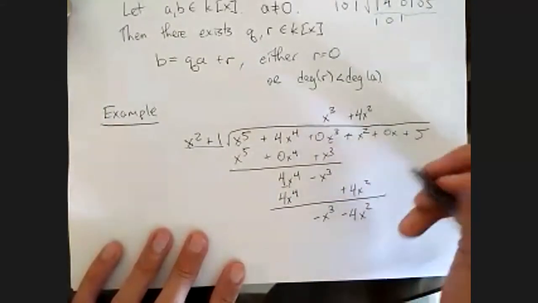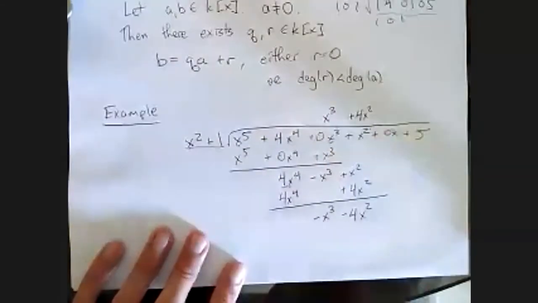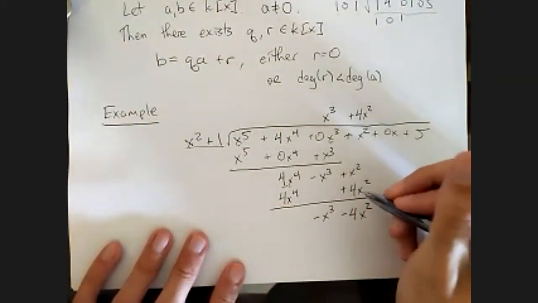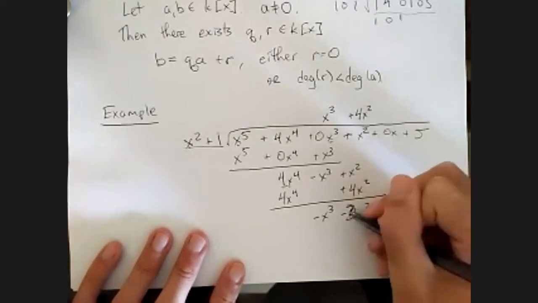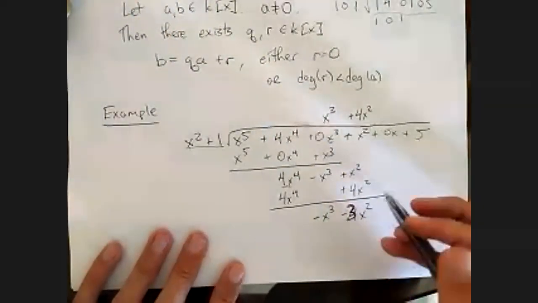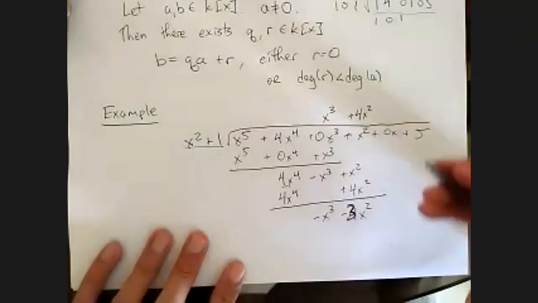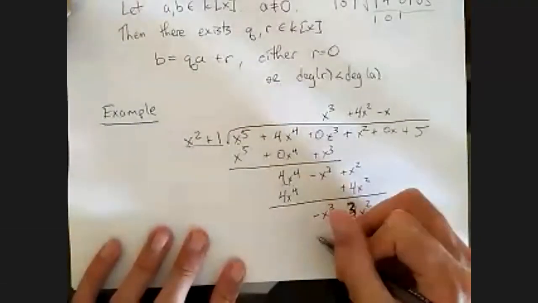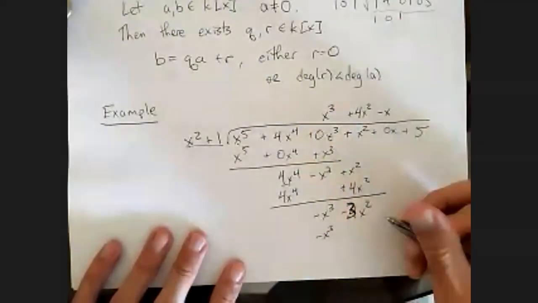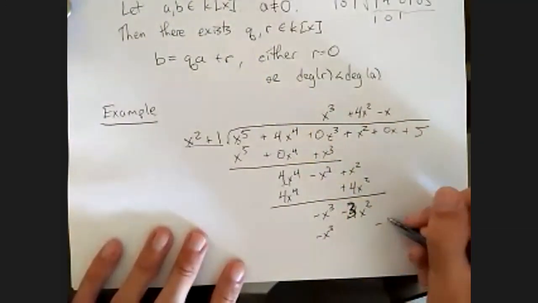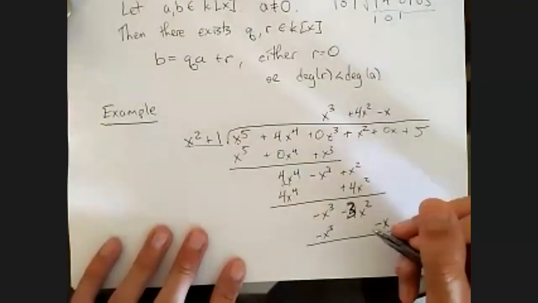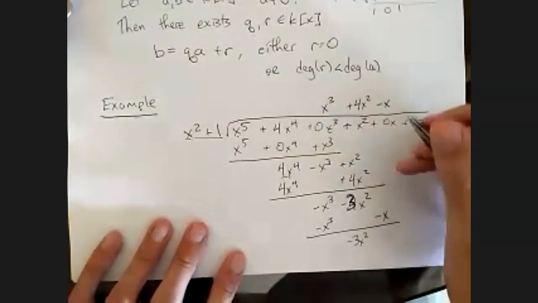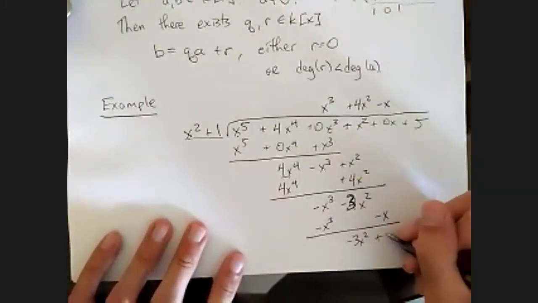When I subtract, I get minus x cubed minus 4x squared. Oh, sorry, I made a little error. I get x squared minus 4x squared, so I get a 3. And I keep on going. Now I have a minus x, and then I get minus 3x squared. 0 minus x is plus x.